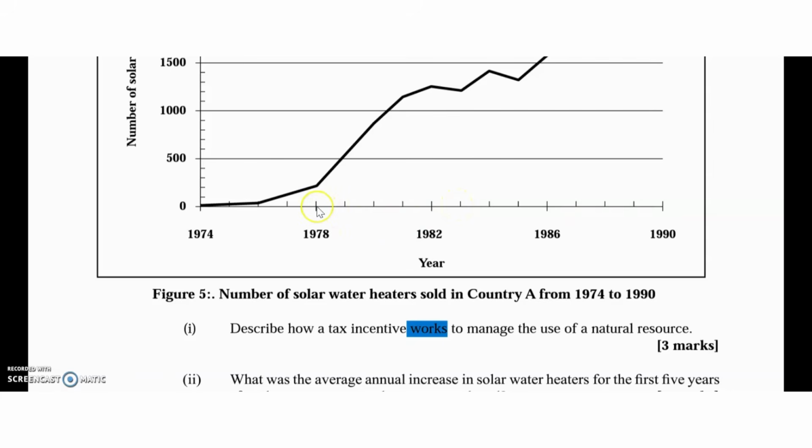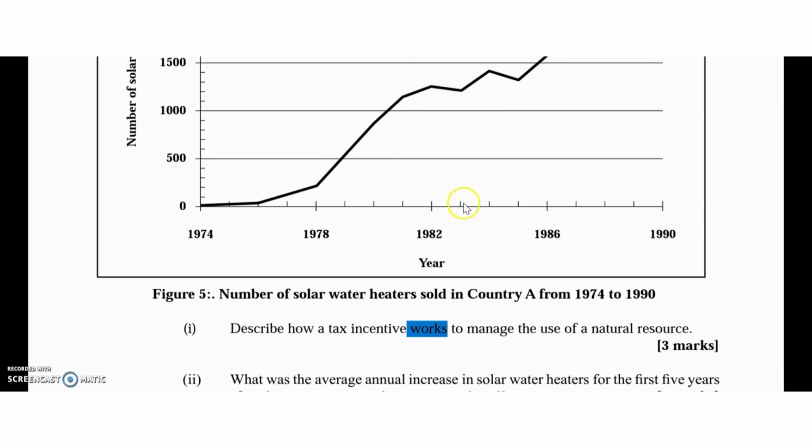So 1978 and 5 years will actually take it to 1983. Let's see that quickly. Utilize your ruler in this particular instance. We need to determine the average annual increase. So we're looking at the initial value and the last value within that particular period.